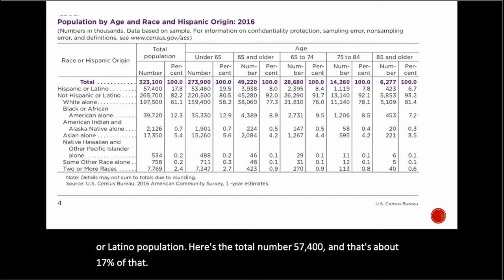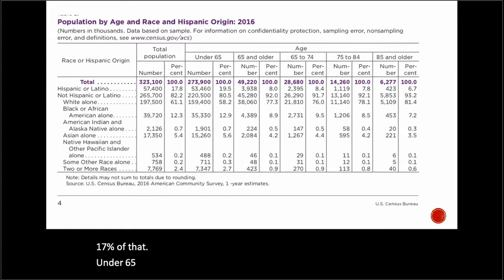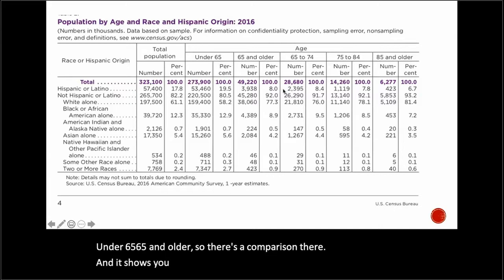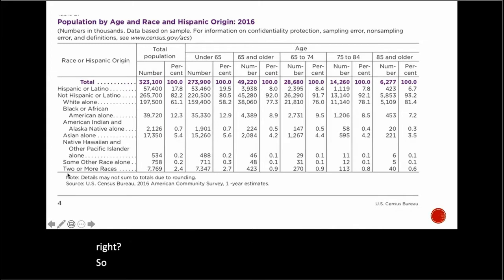Under 65 and older, so there's a comparison there. And it shows you here how the numbers change as we go up in age, right? So you can see comparisons there. All right.